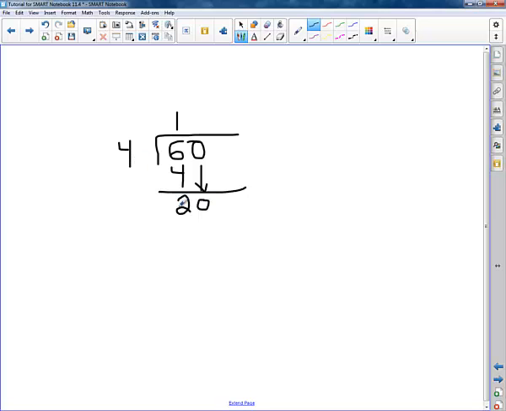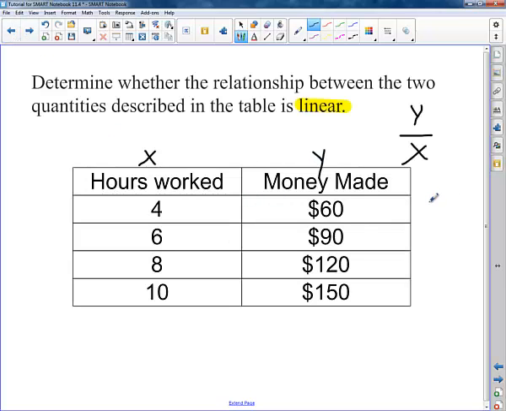And 4 goes into 20, I believe it's 5 times. 4 times 5 is 20, and that was correct, 0 left over. So 4 goes into 60, 15 times. So let's go back here. So our relationship here was 15, and we did the 60 divided by 4, so that's $15 per hour.